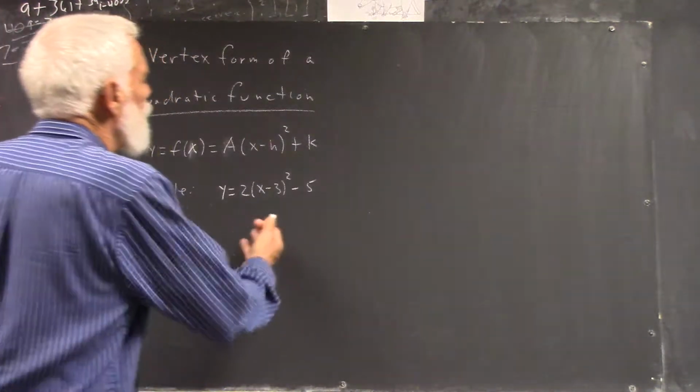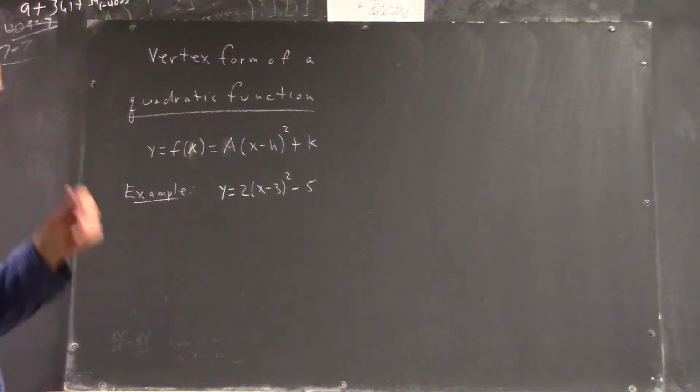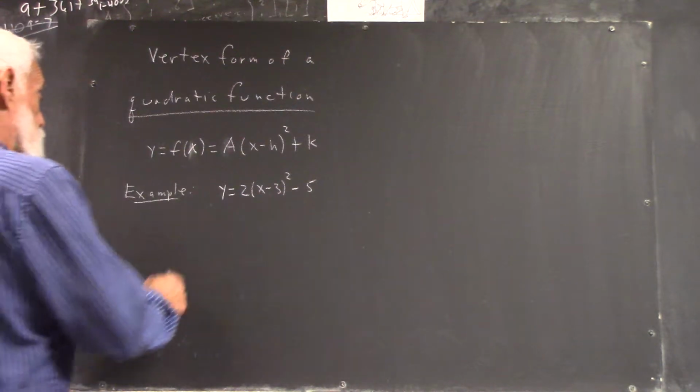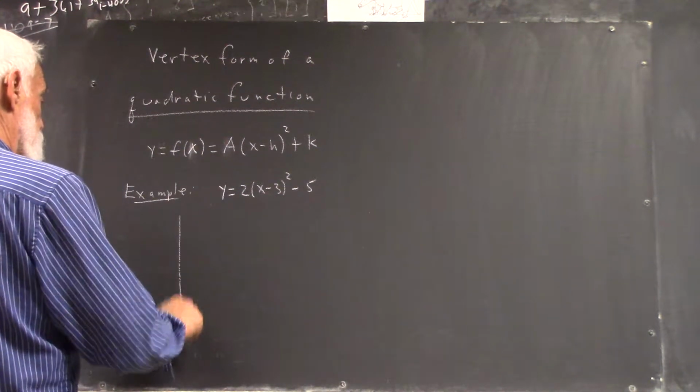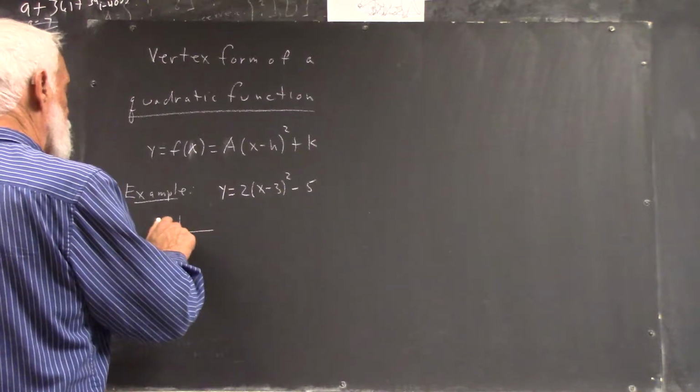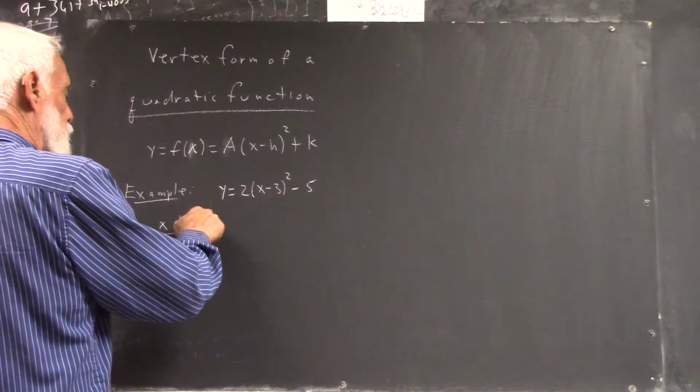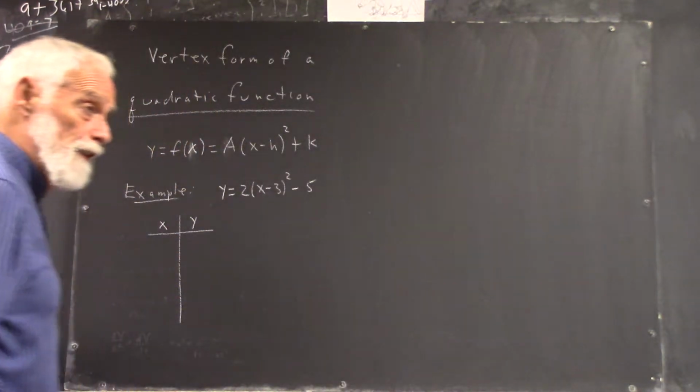I'm going to make a table for this function, because we understand tables pretty well. It's not generally the way you want to graph a function. You want to graph it by transformations, if possible.